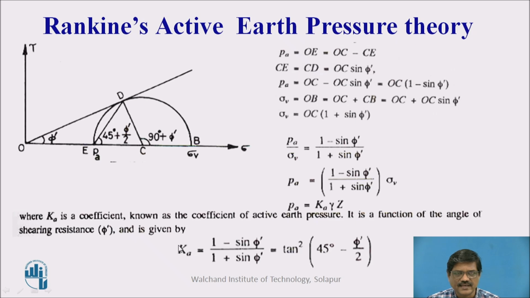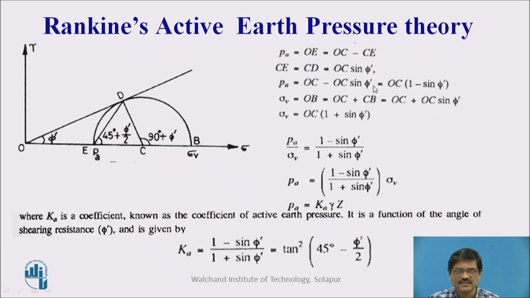In fact, the active earth pressure coefficient is nothing but the ratio of horizontal pressure to vertical pressure. The horizontal pressure is here, this is Pa. So, OE is nothing but the Pa, the horizontal pressure, and OB is the vertical pressure. We need to find out what OE is and what OB is, and take a ratio, which will give me the coefficient of earth pressure.